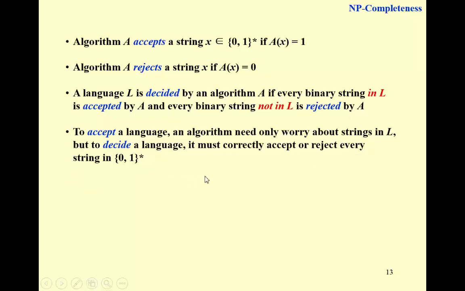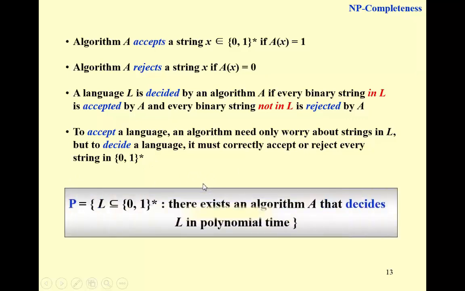Now we can describe the problem class P as the collection of languages so that there exists an algorithm A that decides L in polynomial time. Next, let's try to describe NP.